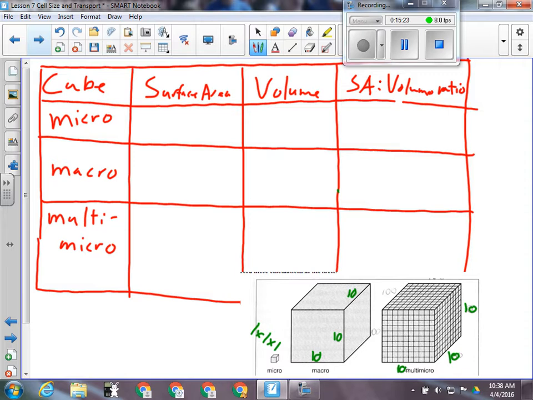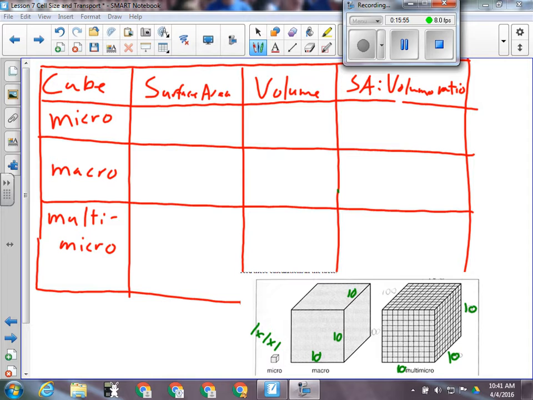So for surface area for micro. Micro's dimensions are 1 micrometer by 1 micrometer by 1 micrometer.